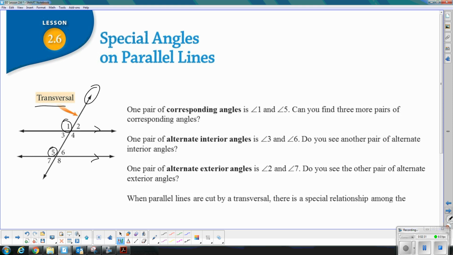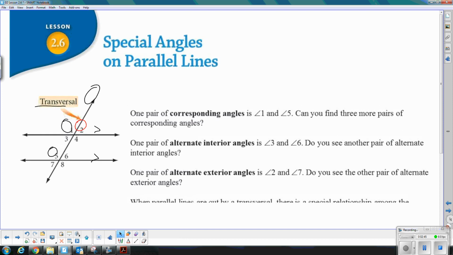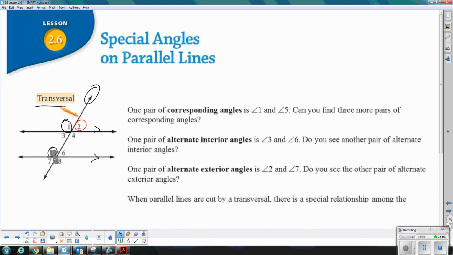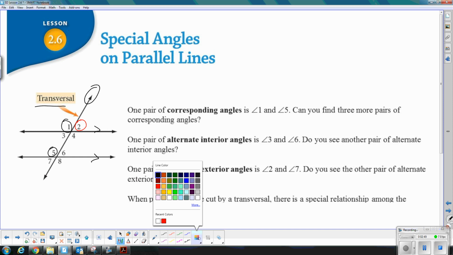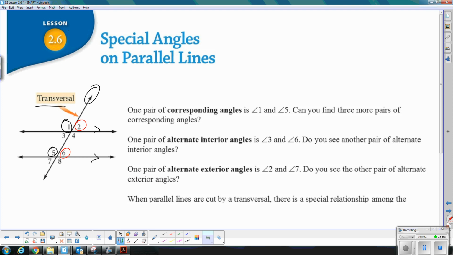Some other corresponding angles: angle 2 is on the right side of the transversal, and it's on the top of the line, and angle 6 is on the right side of the transversal, and it's on top of the line.